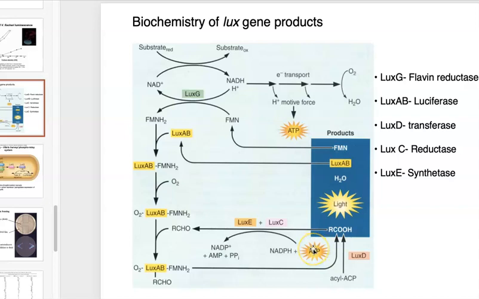So there's a direct output of energy here. You're indirectly costing energy because you're taking electrons away from the electron transport chain, but you're directly using energy by making aldehyde substrate. But again, you're spending energy to make a whole lot more. So here are the one-word titles for all the enzymes.